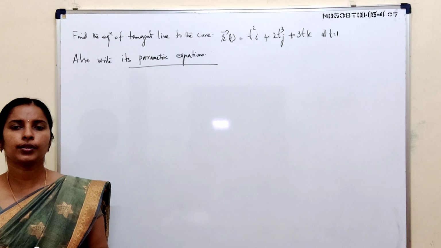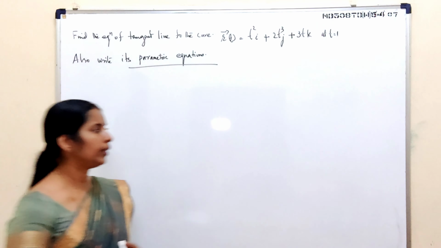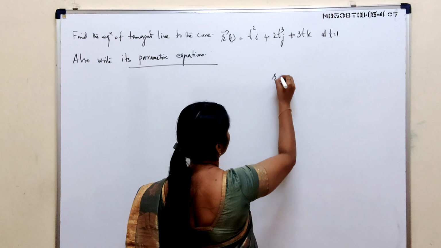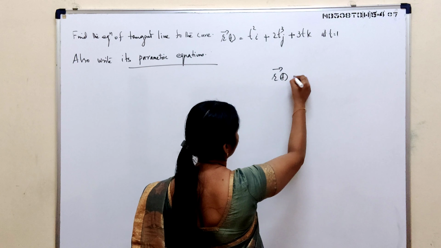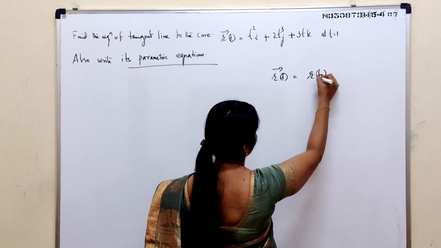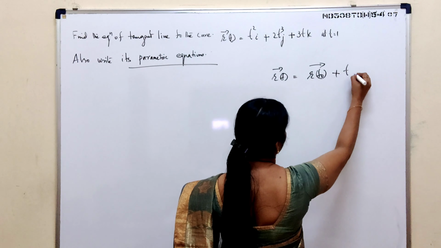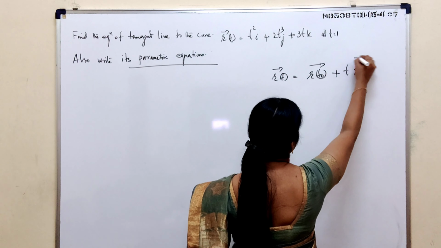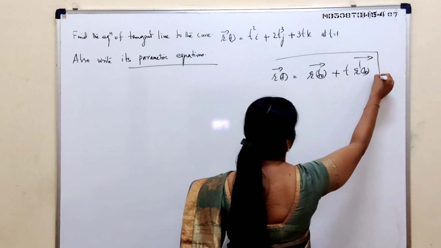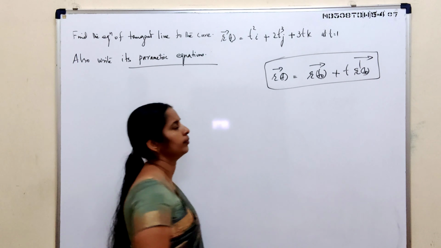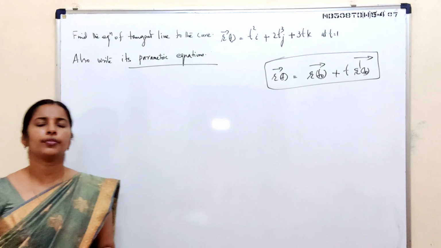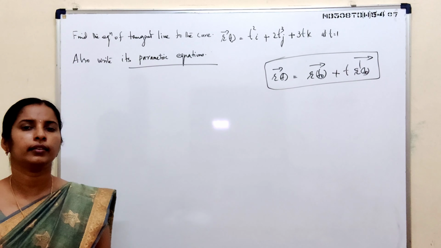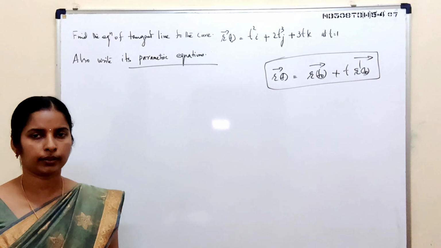We know the equation of the tangent line through t0 is vector r(t) = r(t0) + t r'(t0). See, this is the equation of the tangent line of the curve r(t) through t0.